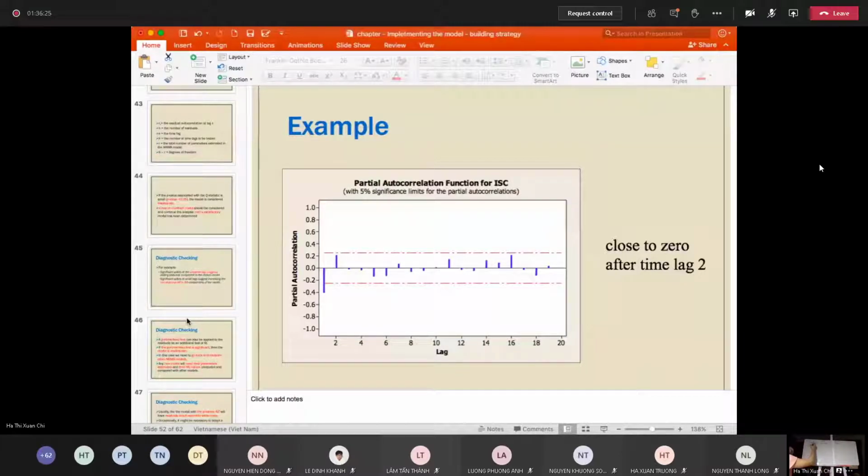For AR, the ACF dies out, then the PACF cuts off. And for the mixed model, both die out. So if you look at this figure, who can let me know whether it is the MA, AR, or mixed model? Which one?